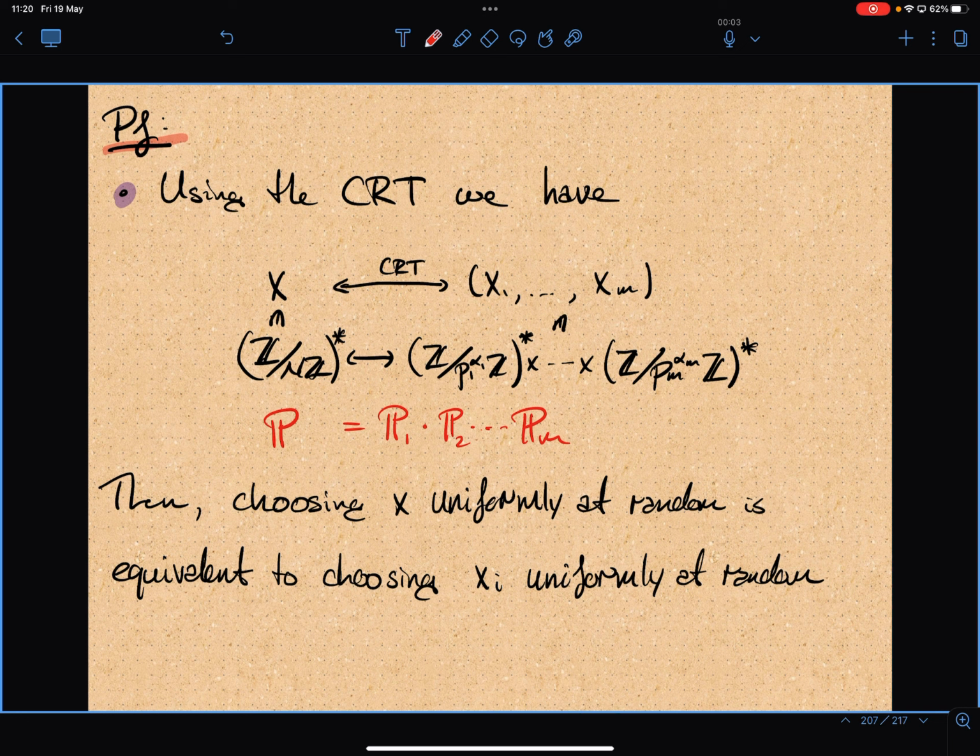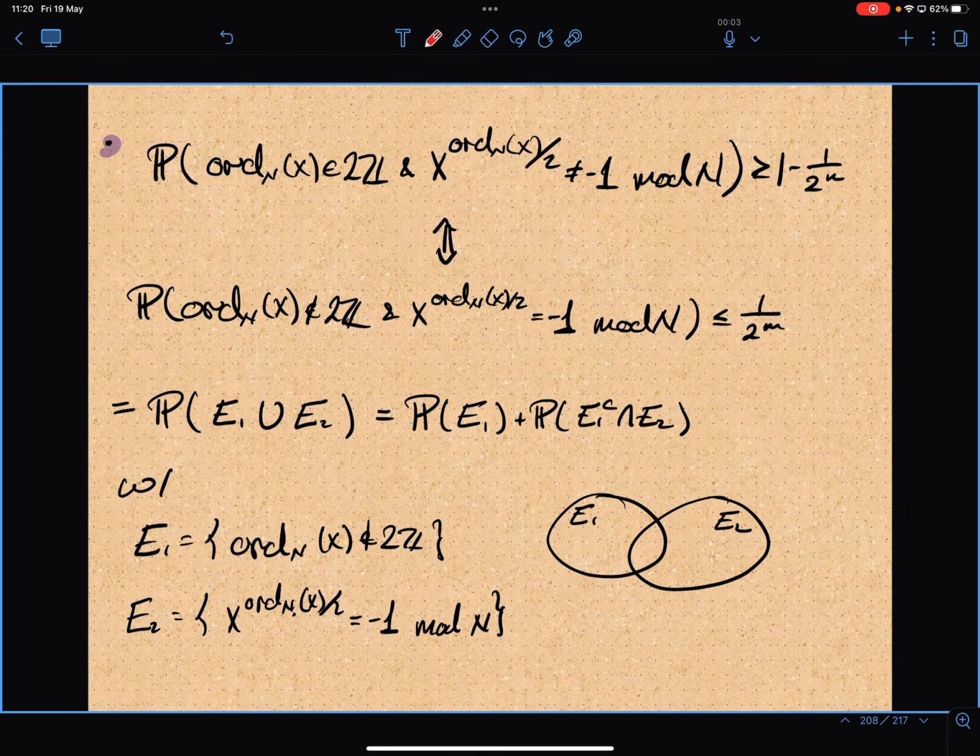And we can control the probability functions on the right-hand side. So that's how we're going to get through it. The statement that we're trying to prove is this: the probability that the order is even, and x to the order divided by 2 is not equal to -1, is greater than this number.